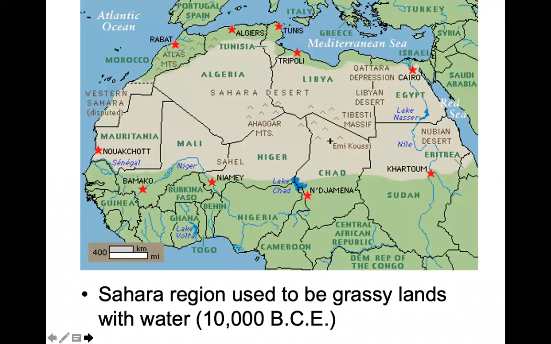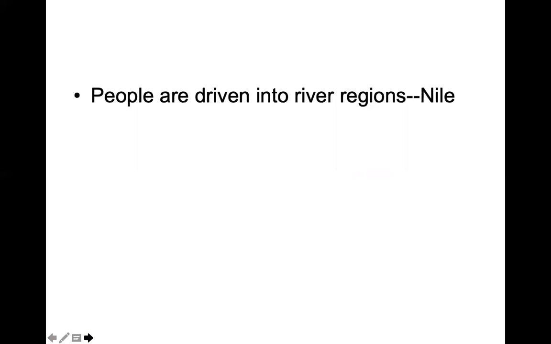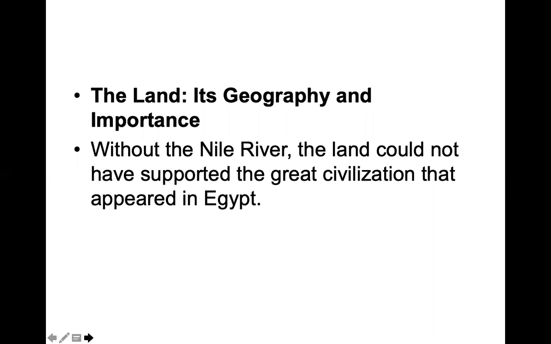The Sahara region used to be grassy with water, but now it's mostly a desert, the Sahara Desert. Climates became hotter and drier after 5000 BCE. People were driven to the Nile. So this is why people went to the Nile to grow food. Without the Nile River, the land could not have supported the great civilization that appeared here.